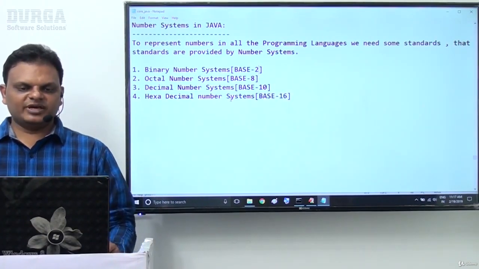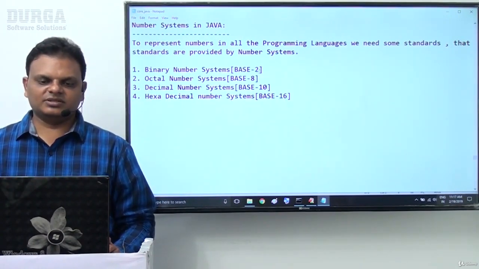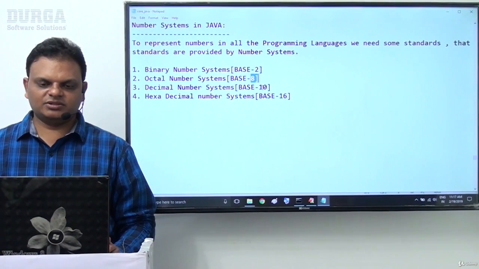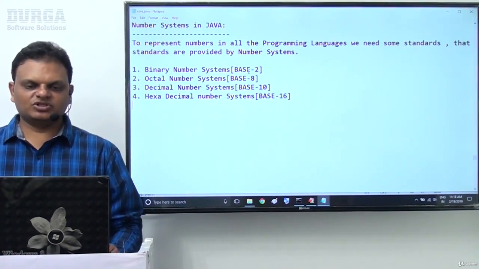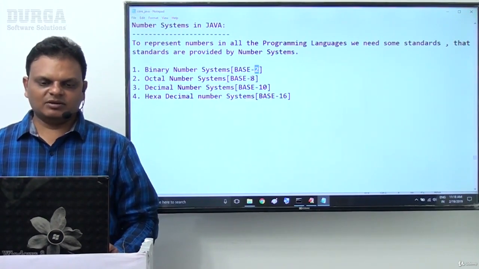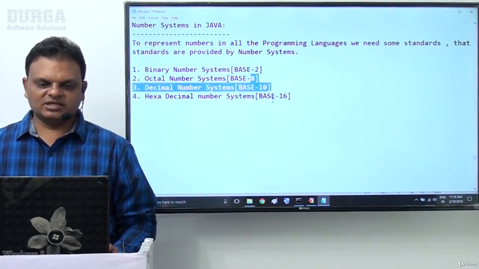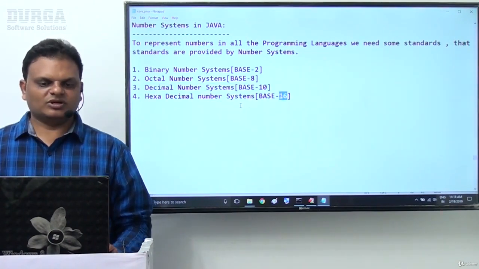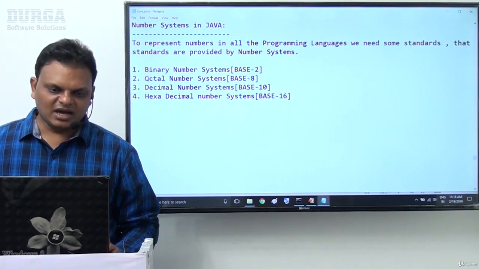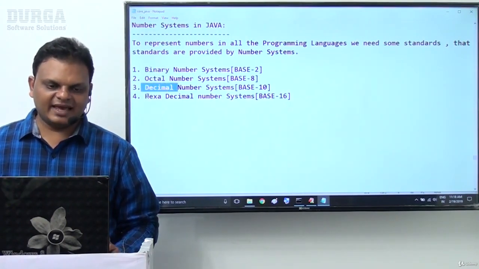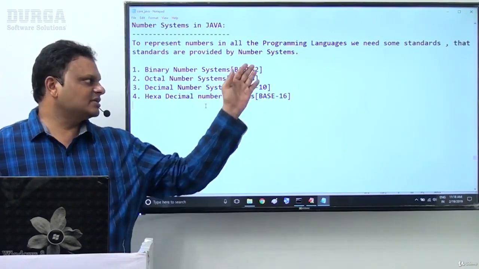Sir, what are these base 2, base 8, base 10, base 16? What is the meaning of them? The binary number system has base 2 only, octal has base 8 only, decimal has base 10 only, and hexadecimal has base 16 only. Along with the names binary, octal, decimal and hexadecimal, the base numbers are available.